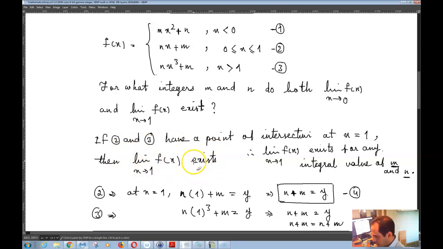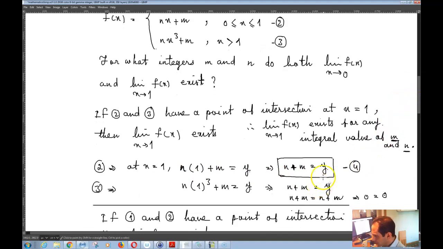Okay, now what we did was that we set x is equal to 1 in both of these equations, and we got basically two equations in terms of n and m, which were practically these two equations, which were the exact same equations.